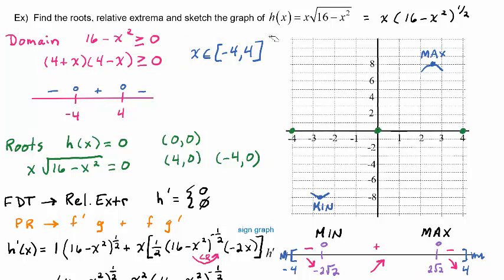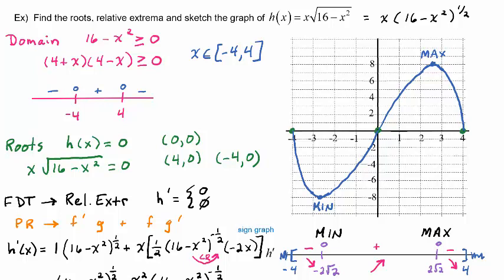So then we know the graph will start at x equals -4, decrease to that minimum. Then the graph is going to increase all the way until it hits the maximum. We've got to go through 0 on the way, hit that max, and then decrease all the way to x equals 4. So now this is the complete graph with all the details we are able to get as of now. In the next section, you're going to learn how to get even more details, but for now, this is a good sketch.